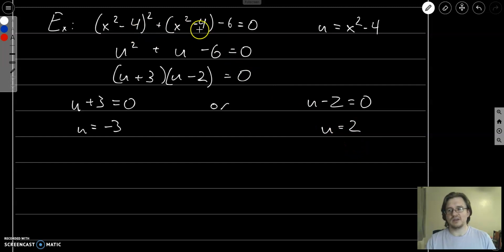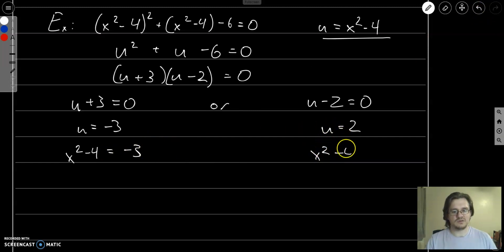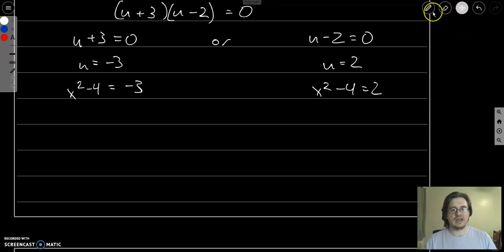But again, I don't care about u, I care about x. So I need to replace u with x squared minus 4, and then we can solve for x. Here I will add 4 to both sides. If I add 4 to negative 3, I'll get plus 1.